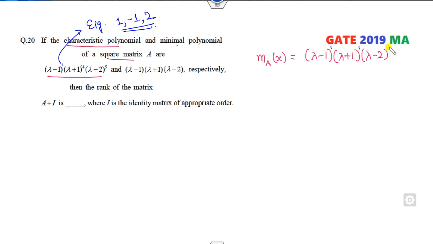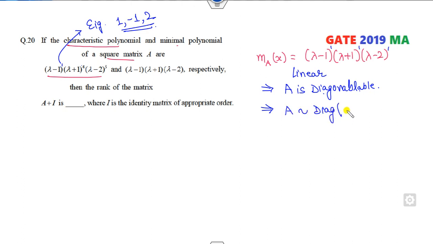Now you can see the minimal polynomial is linear. What is the meaning of that? The matrix is diagonalizable. Fine, because whenever the minimal polynomial is of linear nature and consists of all the eigenvalues, it is diagonalizable. If it is diagonalizable, then this matrix A is similar to a diagonal matrix.